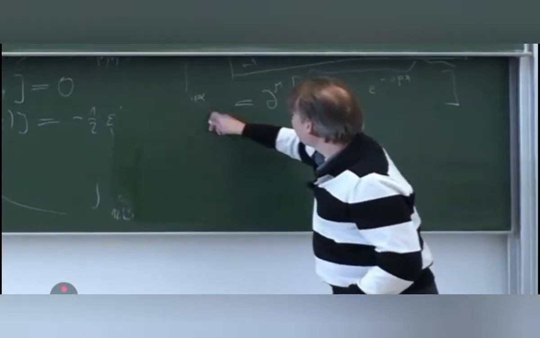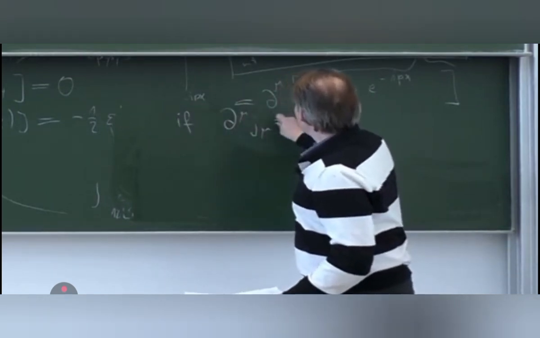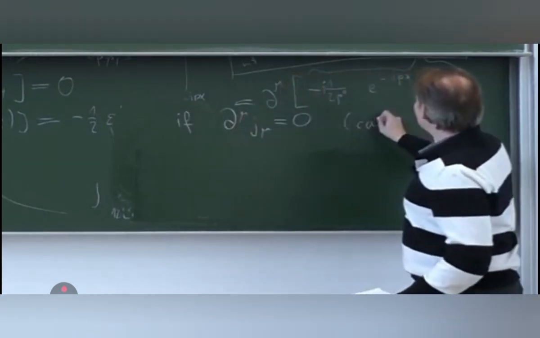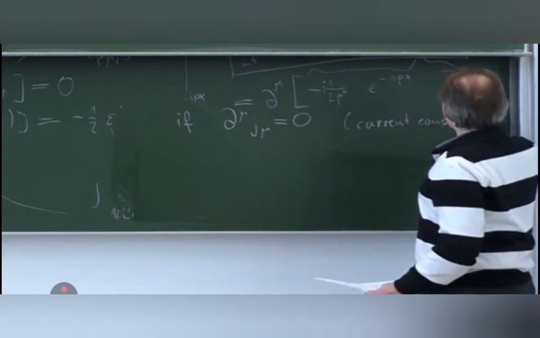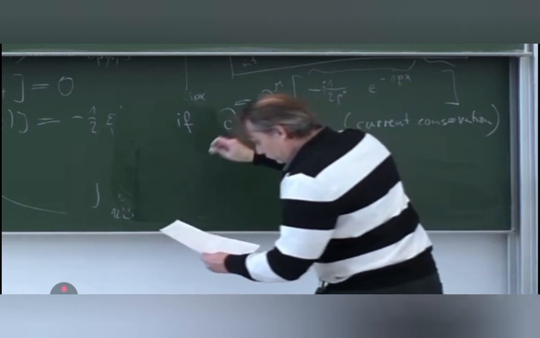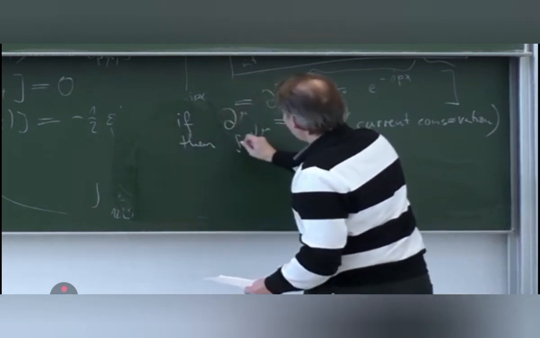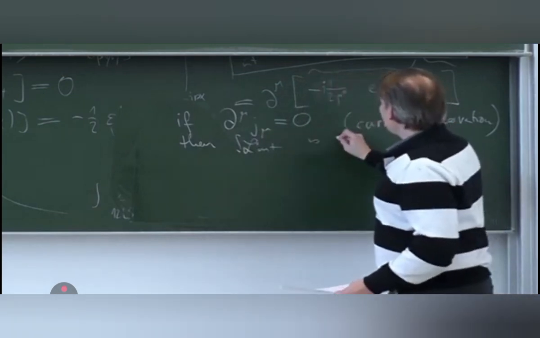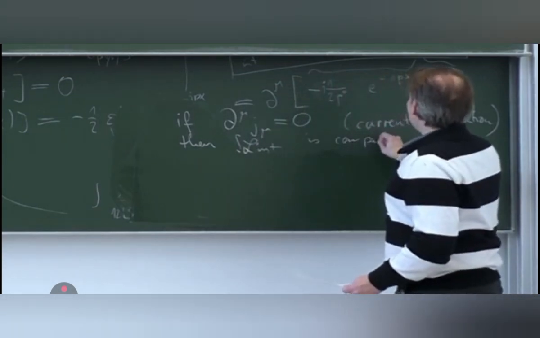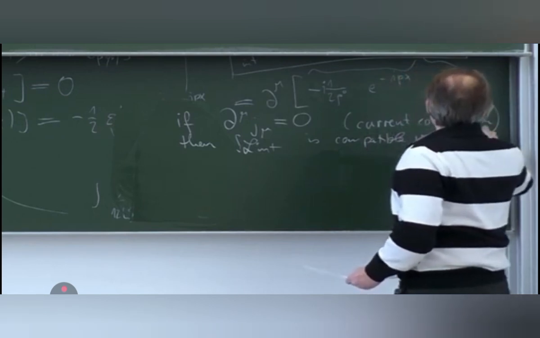So, if d mu j mu equals 0, in other words, we have current conservation, then this integral over the Lagrangian density is compatible with the quotient space structure.